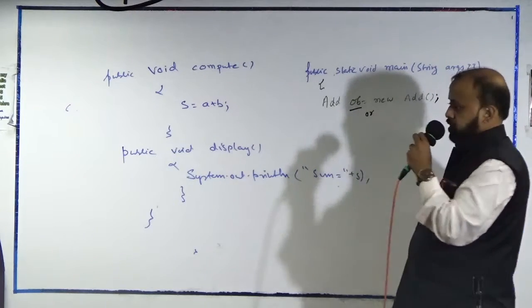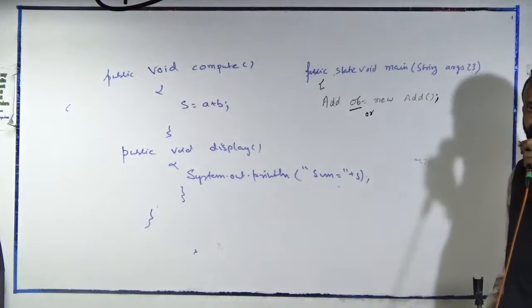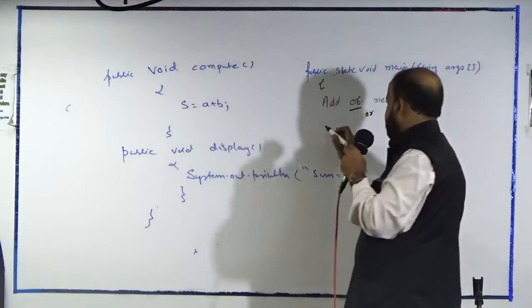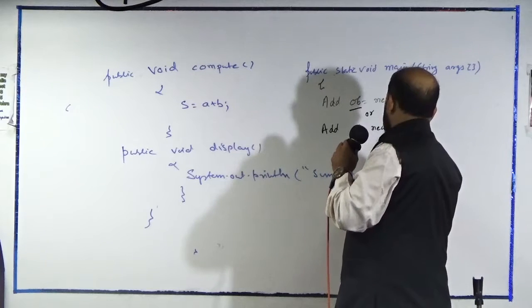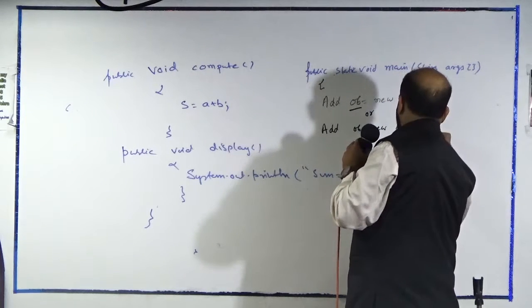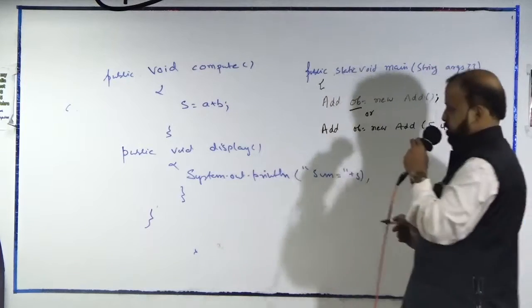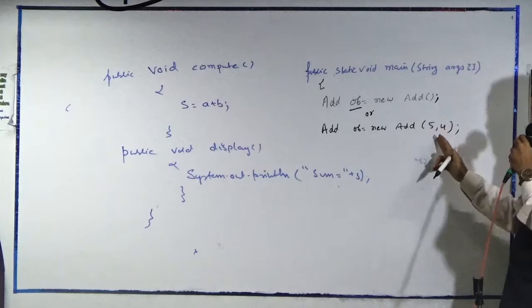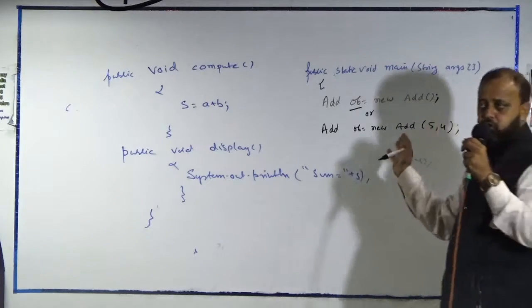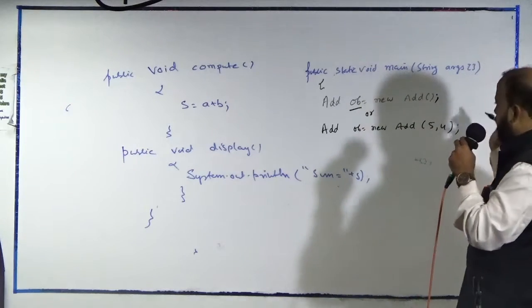Or if you want to create an object using the parameterized constructor, you provide two values. Why two values? Because in our constructor we were giving two values x and y. Suppose we had three arguments, then we have to provide three arguments.